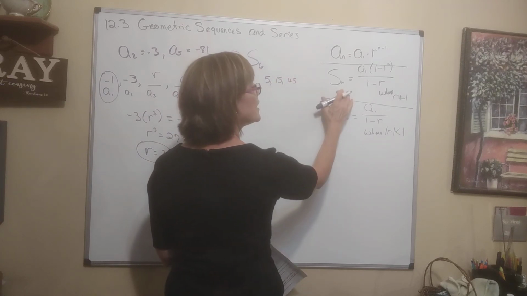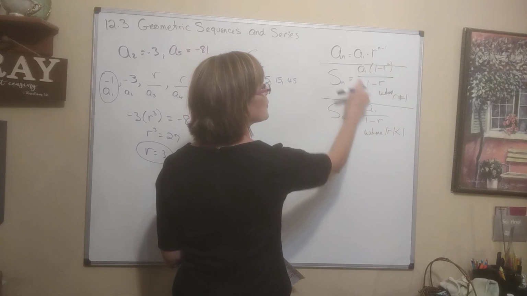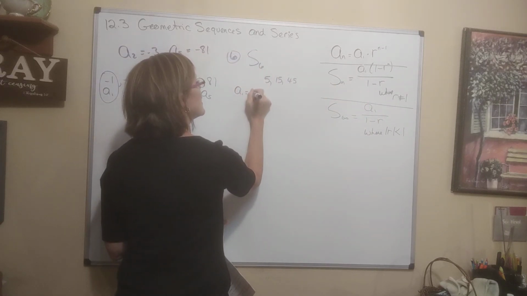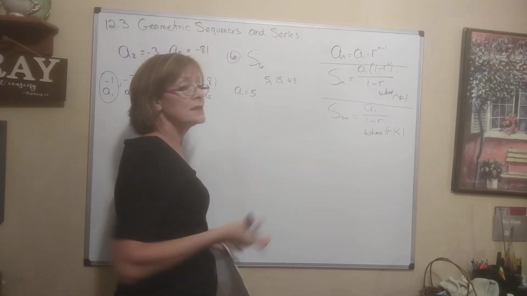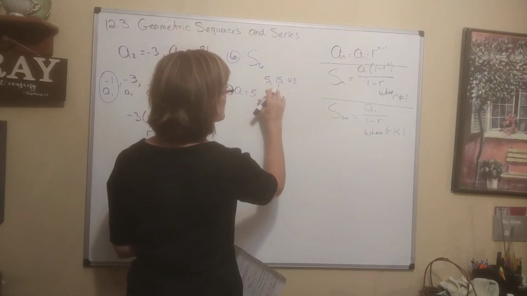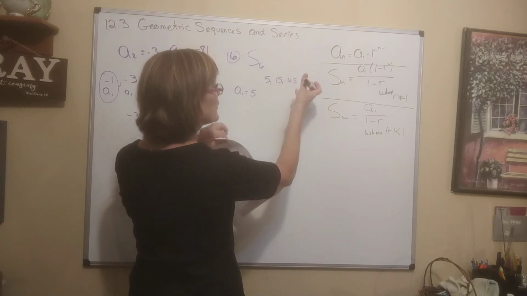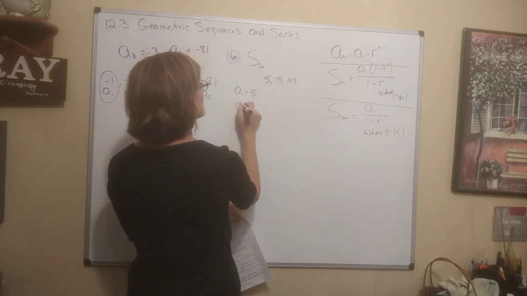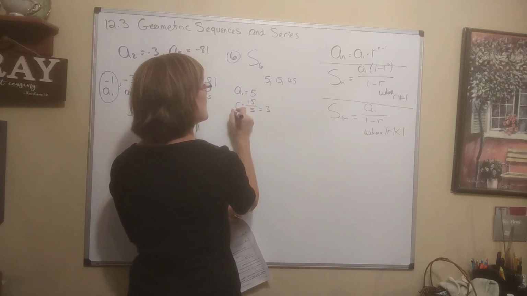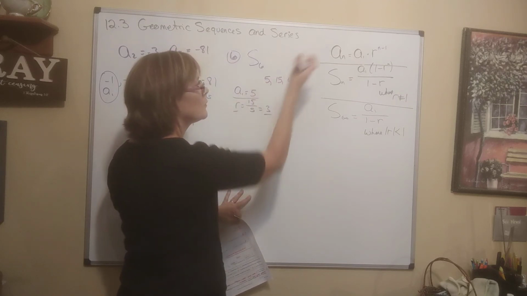To use this formula, you need to know a sub 1 and r. a sub 1 is 5, so that's fine. r is easy to find because we have a couple of terms side by side. So take 2 terms, pull them out. 15 divided by 5 is 3. So since we know r, we know a sub 1, we're in business.